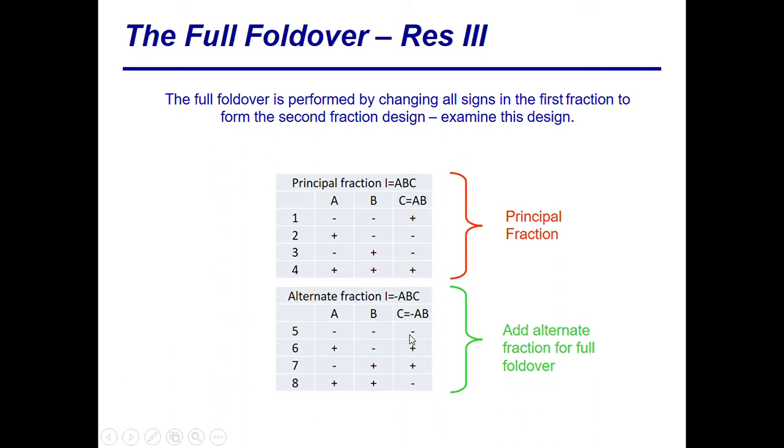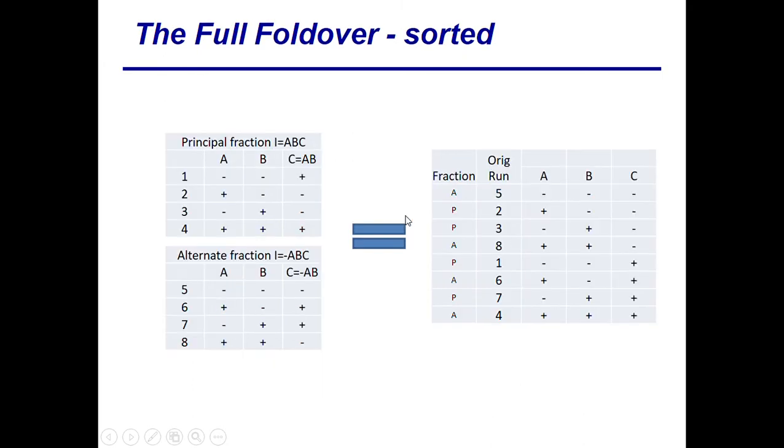So these signs are switched from those, but you put them together, and you're going to get the full factorial, the full 2 to the 3. And if we take this guy and we sort it, this is what we have. Here are the runs. So we've got 5, 6, 7, and 8. And then this just tells you whether it's primary or alternate fraction.